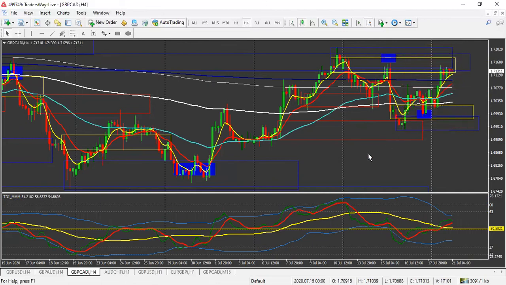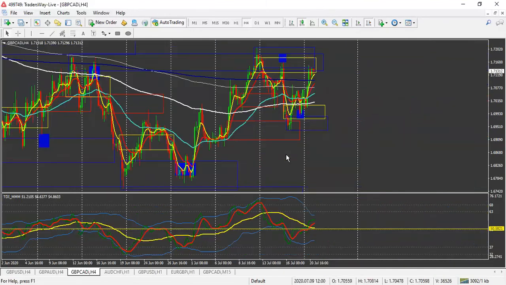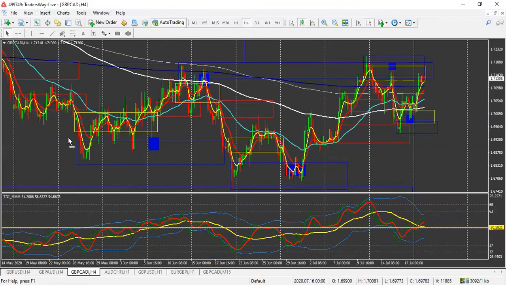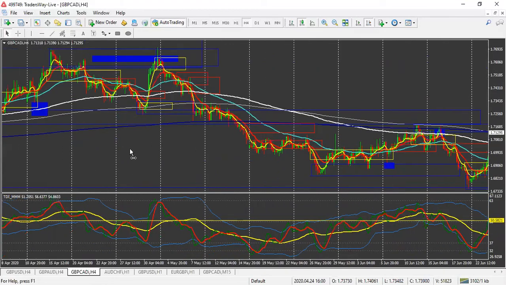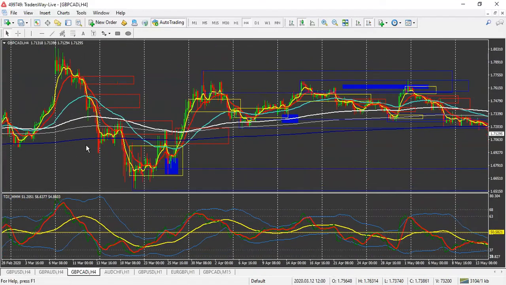Now, check this out. Let's zoom out. I marked up your kill zone entries, right? So if you want to swing a trade, you want to swing this entry right here.